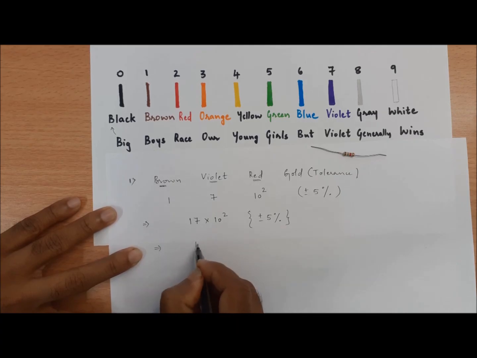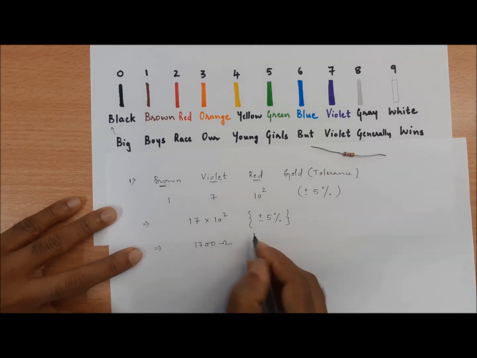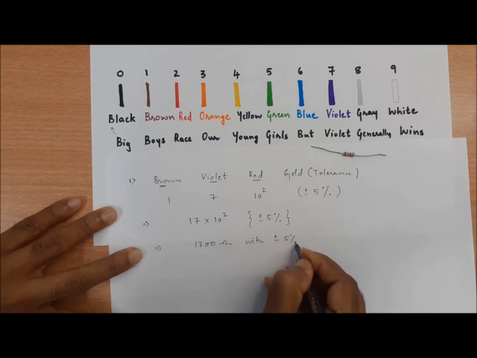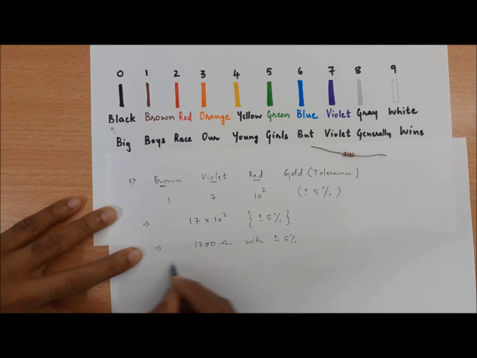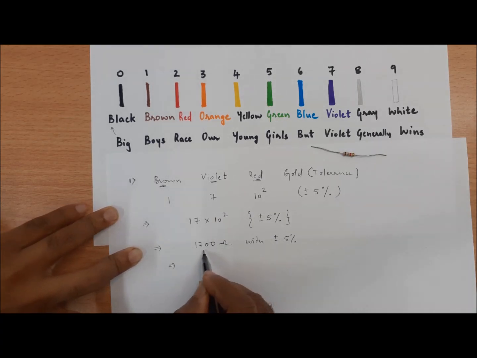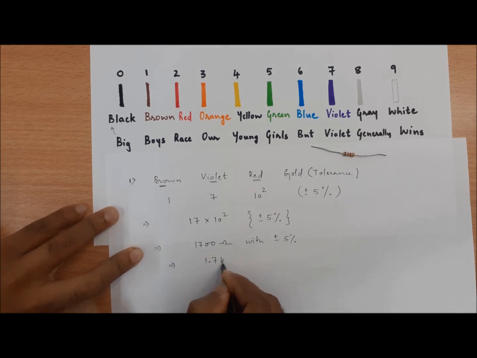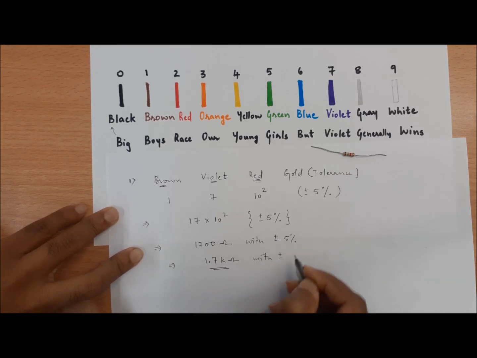So what is it? 1700 ohms with plus or minus 5% tolerance. So I can either say that it is 1700 ohms or 1.7 kilo ohms with plus or minus 5% tolerance.